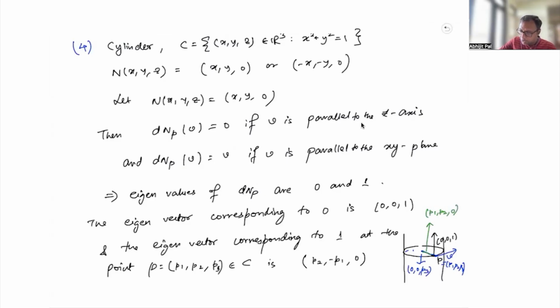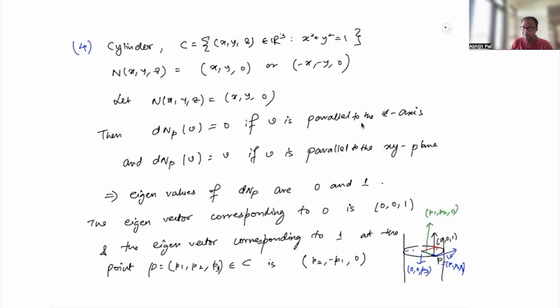And (p2, -p1, 0) is orthogonal to the vector (p1, p2, 0).